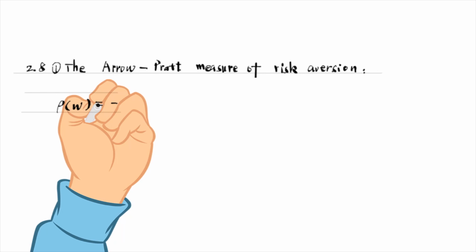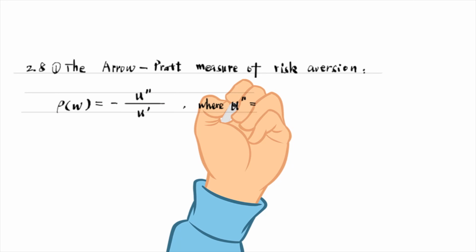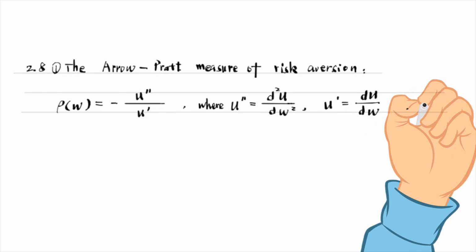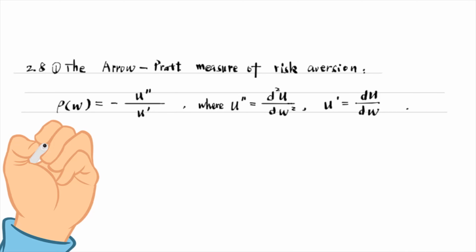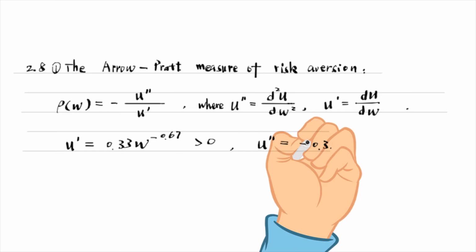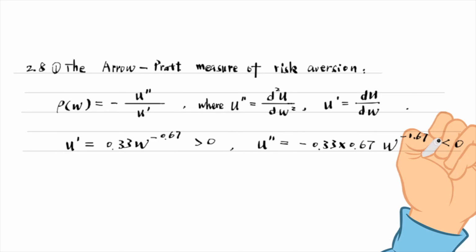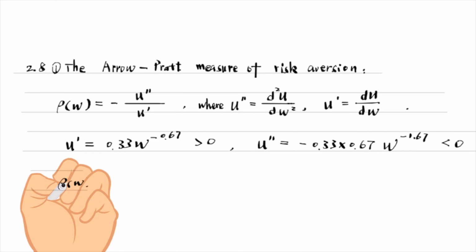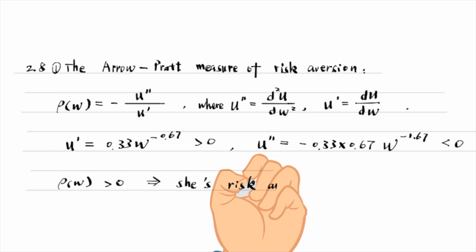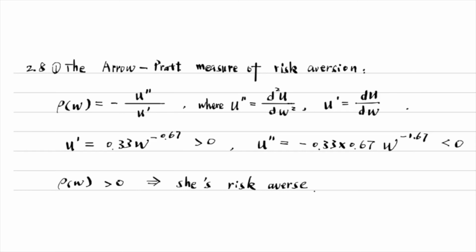It equals the negative of the second derivative of the utility function with respect to wealth divided by the first derivative. The Arrow-Pratt measure of risk aversion is positive, meaning that she is risk averse. Next, we find her risk premium.